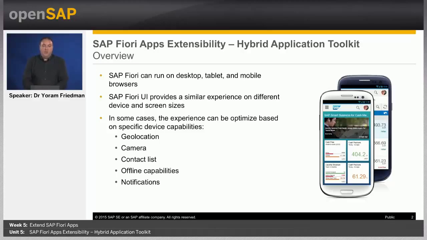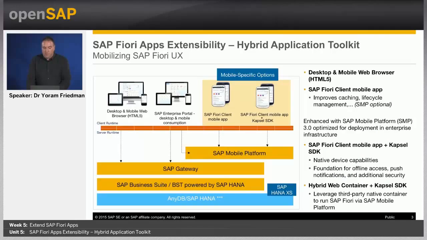If I have an application in which I need to send information to someone, I might want to access my contact list. In many applications, I want to have geolocation. So this functionality might complement many Fiori applications. And for that, we need the ability to add mobile-specific functionality to existing Fiori applications.